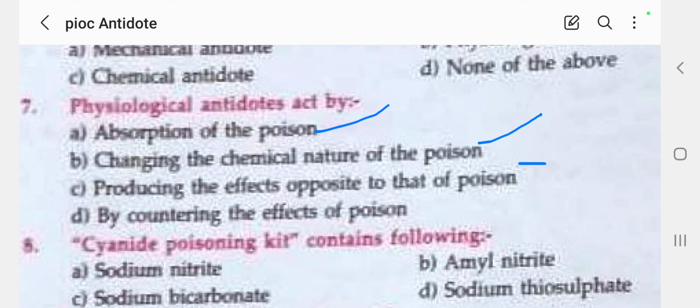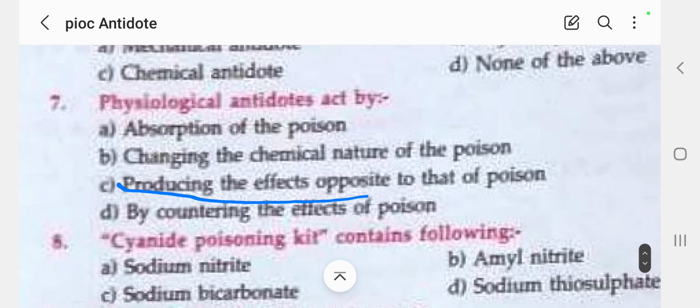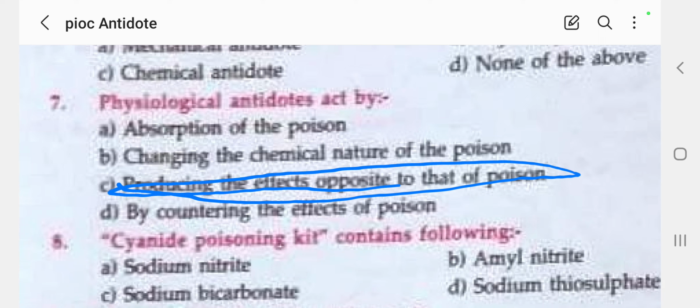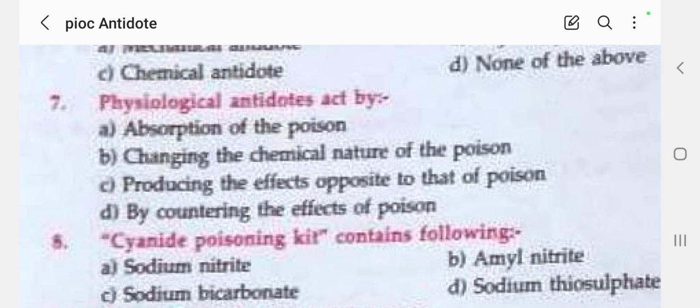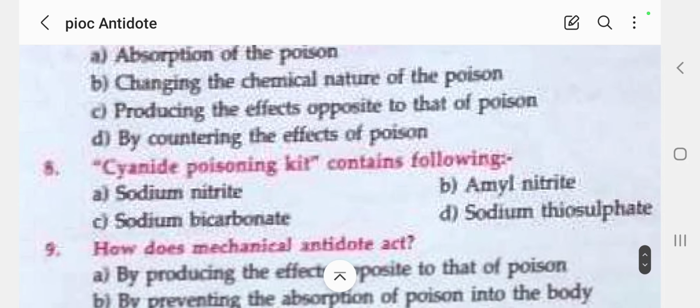Countering the effect of the poison is nothing but an antidote. So option C is the correct option. Producing the effects opposite to that of the poison is the correct answer for physiological antidote.